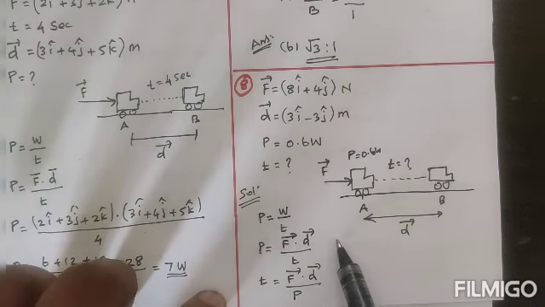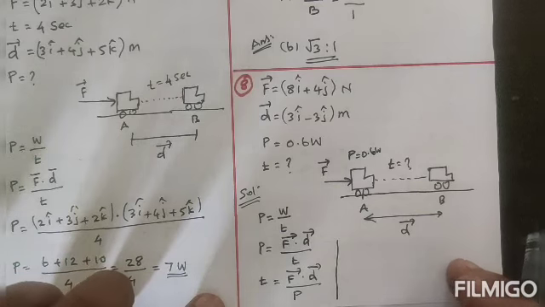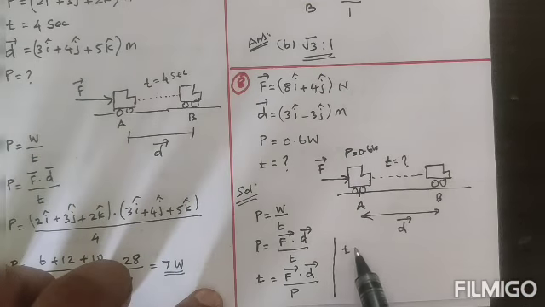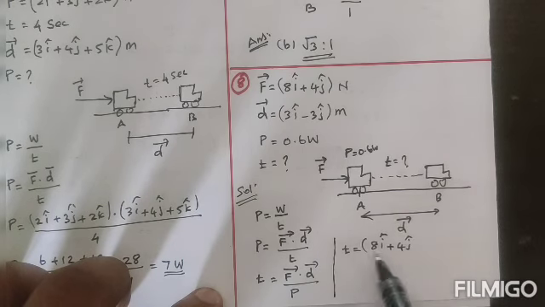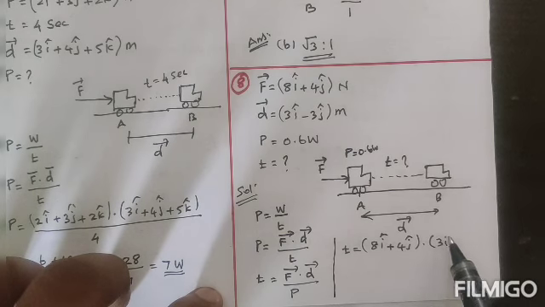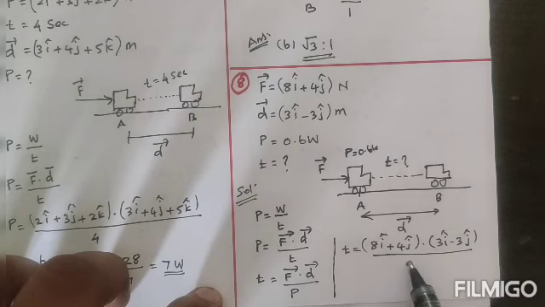Now I'll write here, I have no space, I can write here. Therefore time is equal to first the force value, 8 î plus 4 ĵ, dot the displacement 3 î minus 3 ĵ, divided by the power value, that is 0.6 watt.